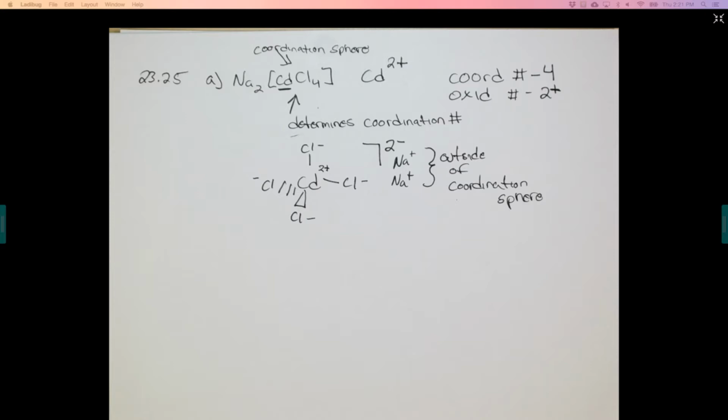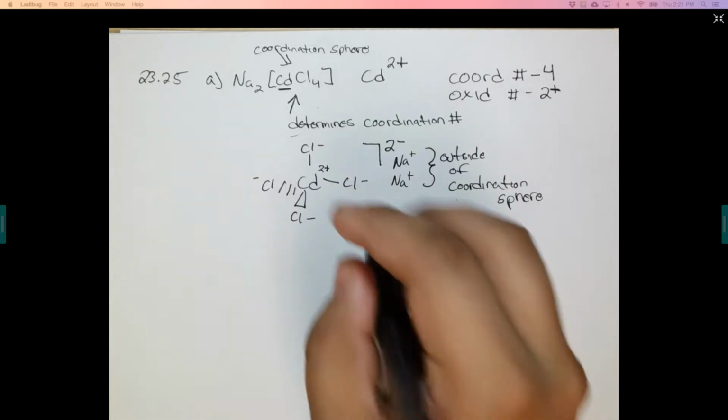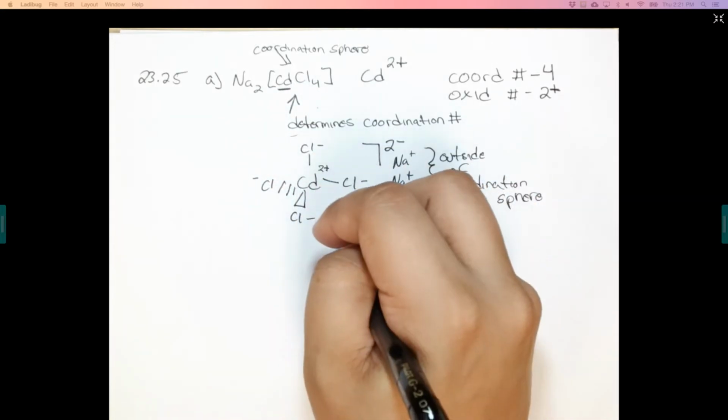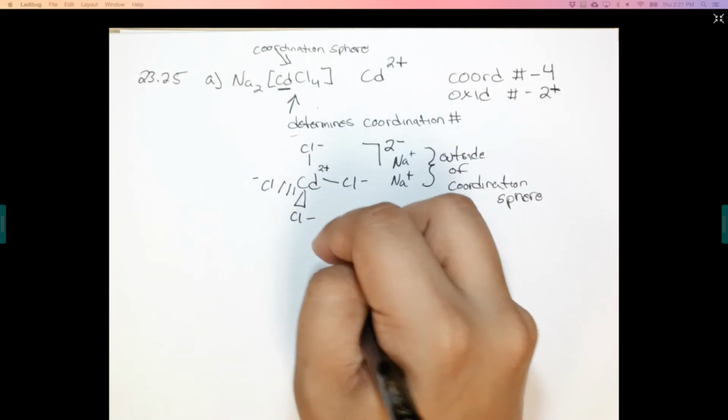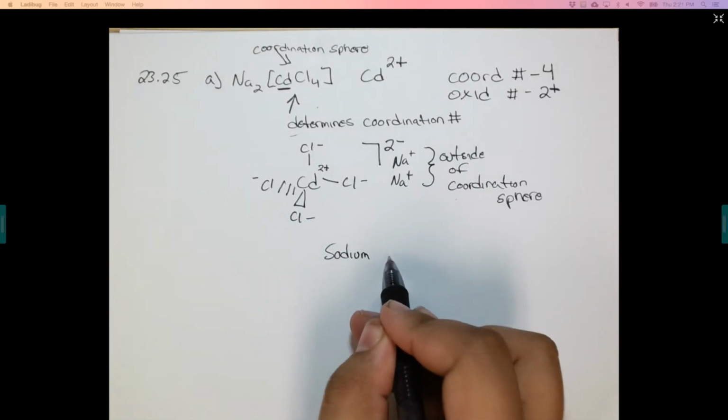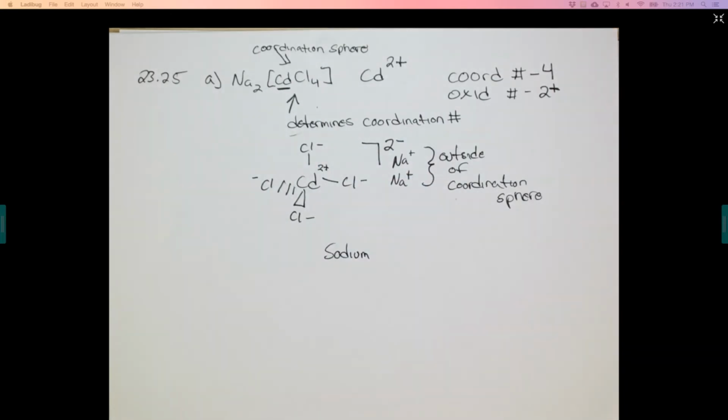And now, if we wanted to talk about the nomenclature, we want to go cation first because our transition metal is the anion. So the cation is sodium. And then we want to go with the transition metal and its ligands first.